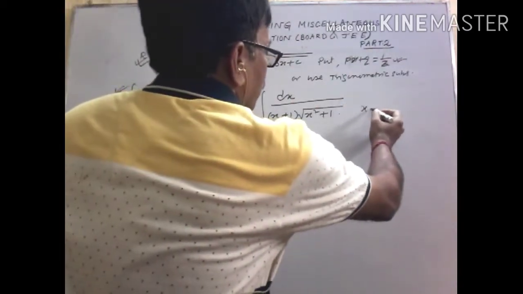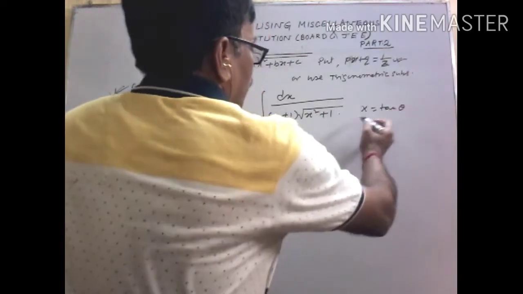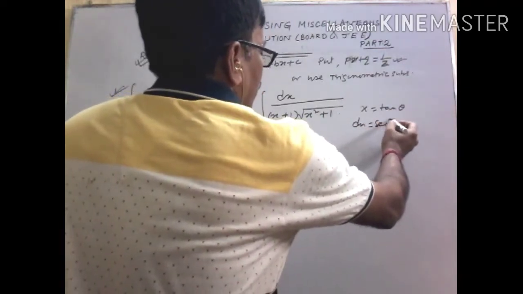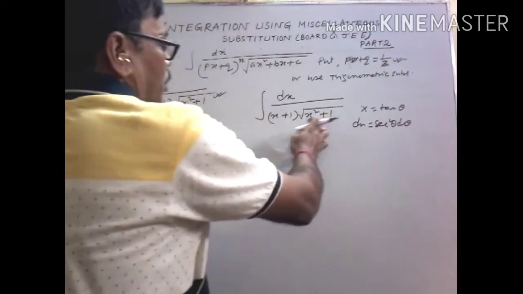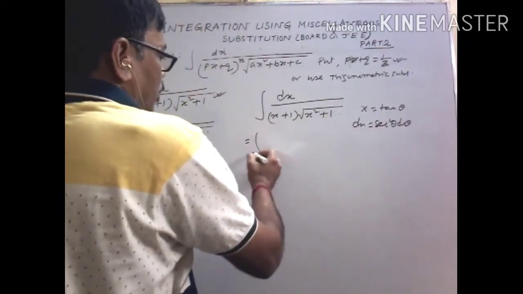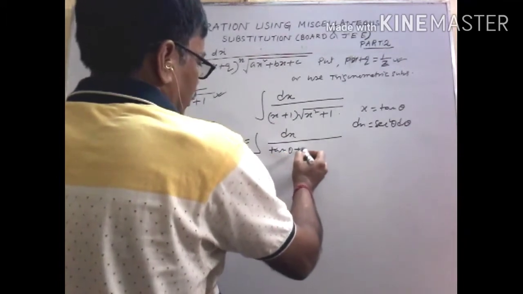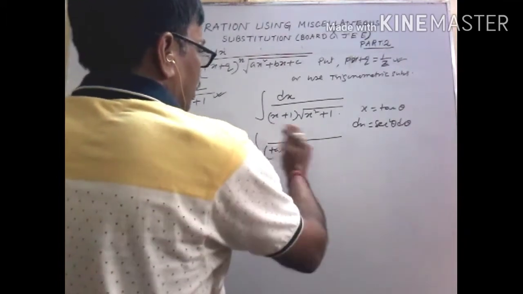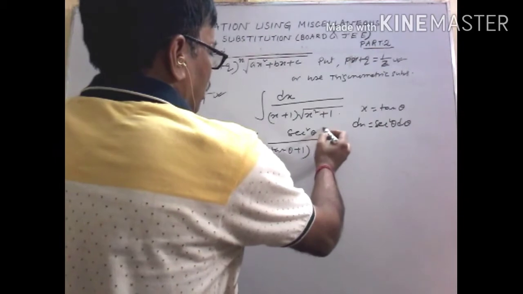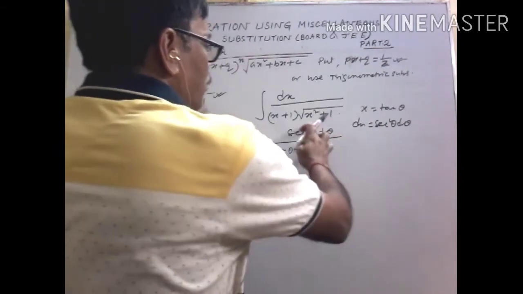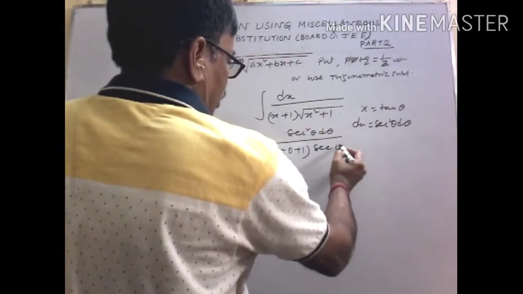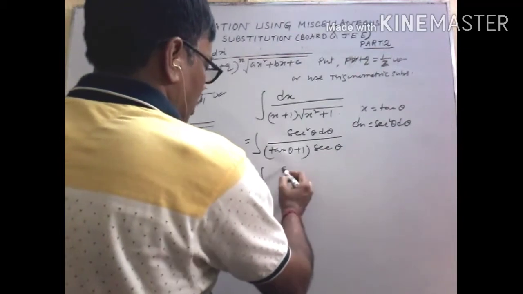So look, x equals tan theta. So what is dx? Sec square theta d theta, because it is x square plus 1. So dx by tan theta plus 1. What is dx? dx is sec square theta d theta, and root of 1 plus tan square theta is sec theta. So finally what are we getting?